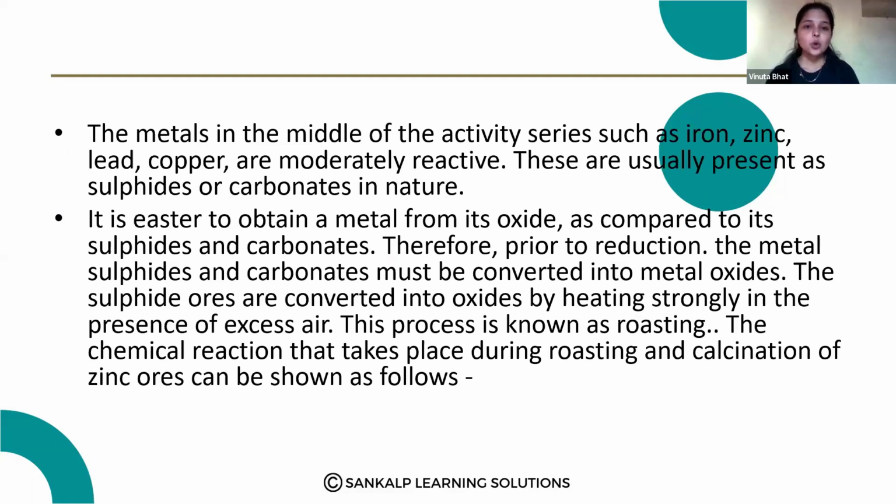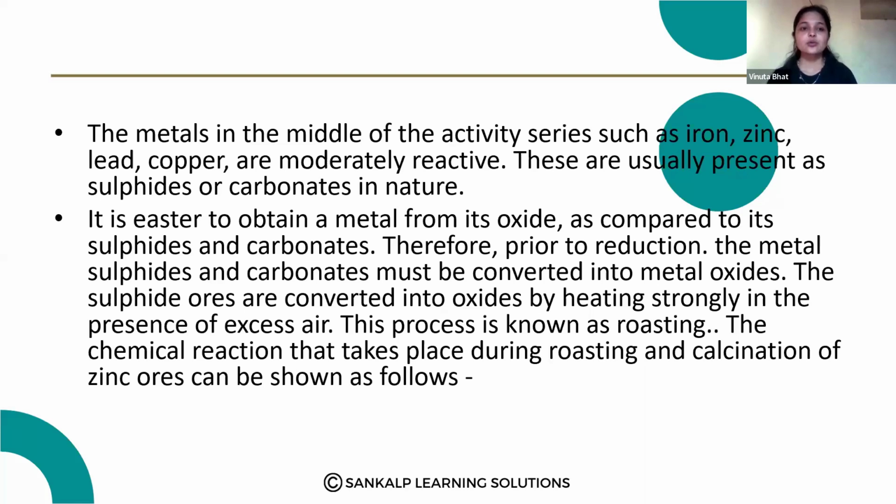It is easier to obtain metal from its oxide as compared to its sulfide and carbonate ores. So prior to the reduction, the metal sulfides and carbonates must be converted into metal oxides.